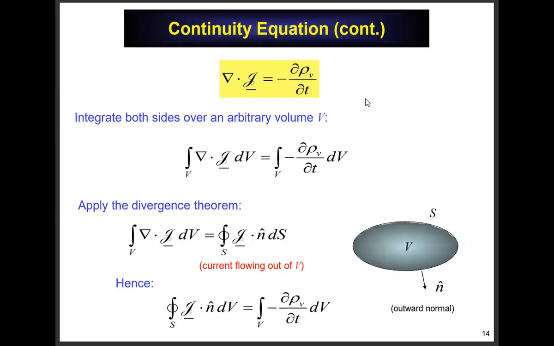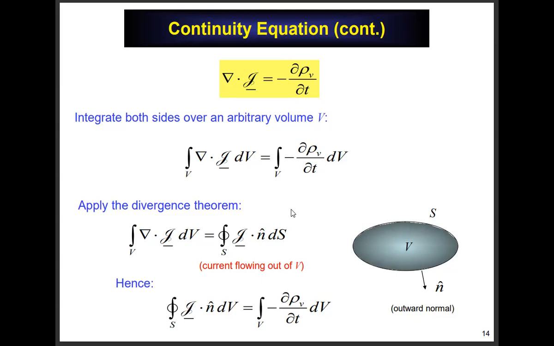Now, to head towards the integral form, which is easier to interpret, let's take any arbitrary volume you want, and, as it says here, integrate both sides over some arbitrary volume. In other words, just slap a volume integral onto both sides. Now, a few minutes ago I reviewed the divergence theorem.